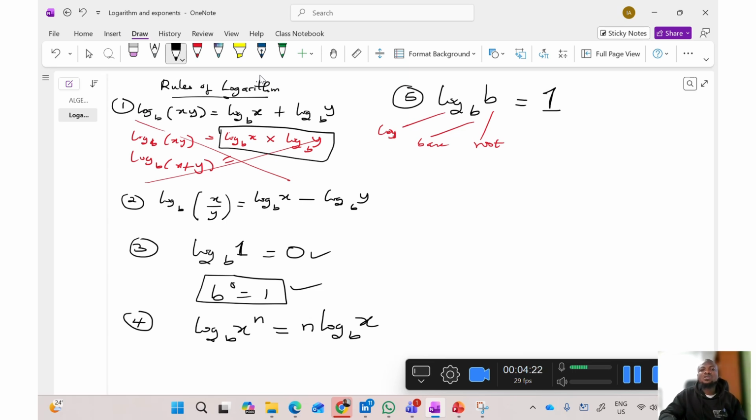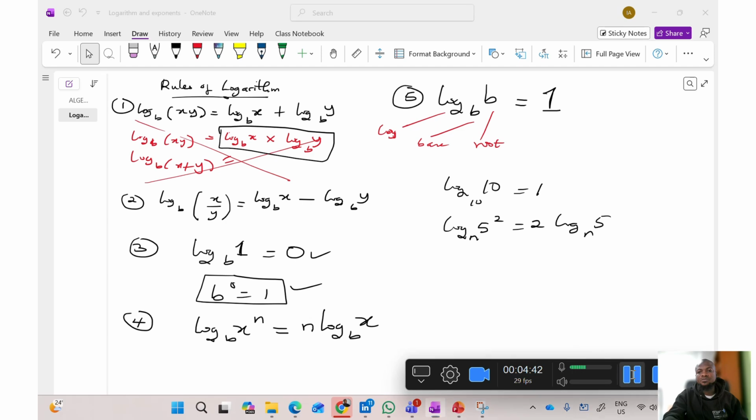So that means the logarithm of 10 to base 10 is equal to what? 1. Is that understood? The logarithm of 5 raised to power 2 base n is equal to 2 log 5 base n, and so on. So these are the rules of logarithm.